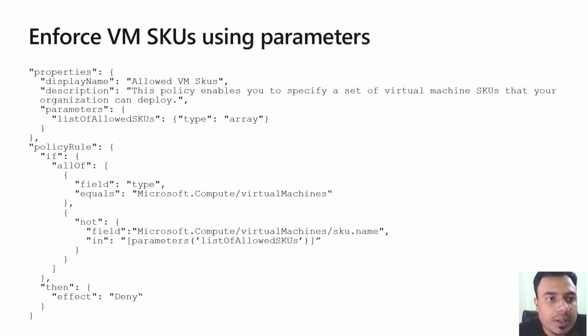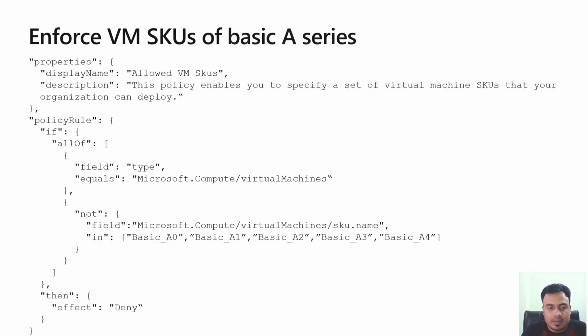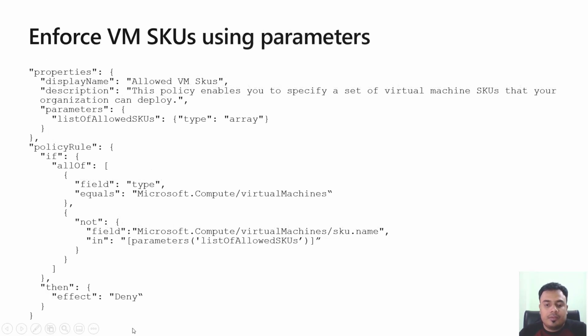Moving to the next example, which is to enforce VM SKUs using parameters. We have already seen this in the demo: you can parameterize your policy definition and then define those parameter values at the time of assignment, not at the time when you are writing the policy definition. So in this case, what we have done differently from the last example is that the list of allowed SKUs is parameterized.